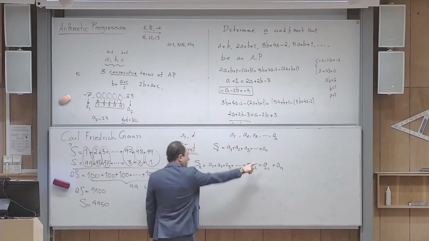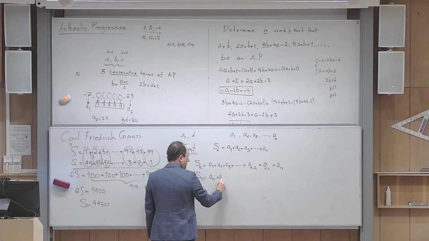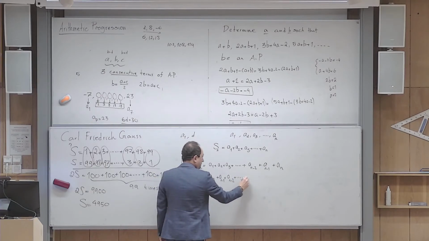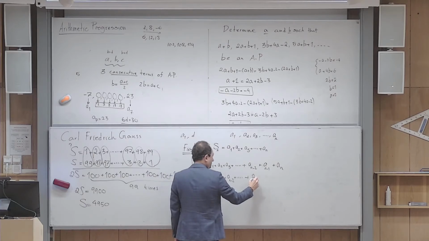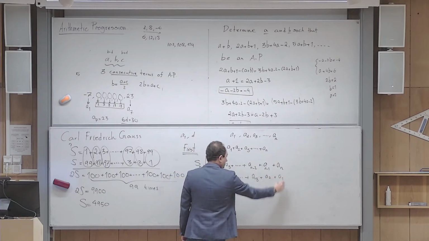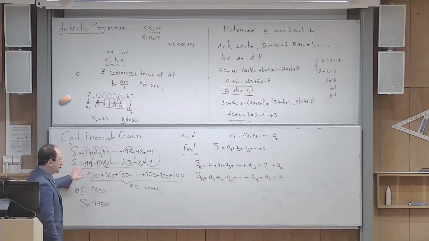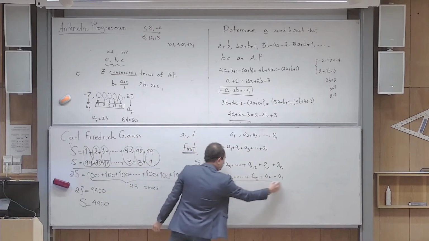I add them from that to this. So it becomes an plus an minus 1 plus an minus 2. And then I continue here. I will reach a3, yes, a3 plus a2 plus a1. So you see I'm using exactly the same idea, and then I add these two, so this becomes 2Sn.